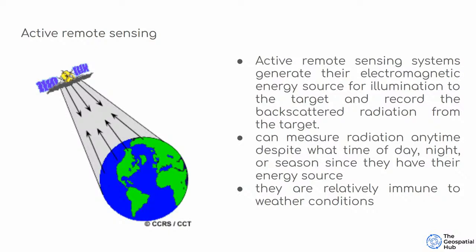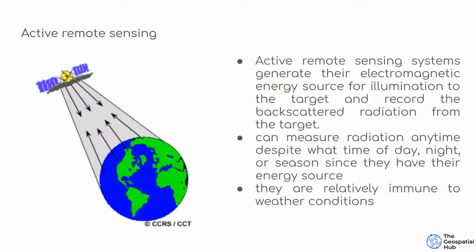And also, one very big edge it has is the fact that it operates during the day and it also operates during the night. So it doesn't have that restriction that passive remote sensing has. So it is not affected by poor weather conditions since it emits its energy directly to the target with no interference. It doesn't care about the weather.